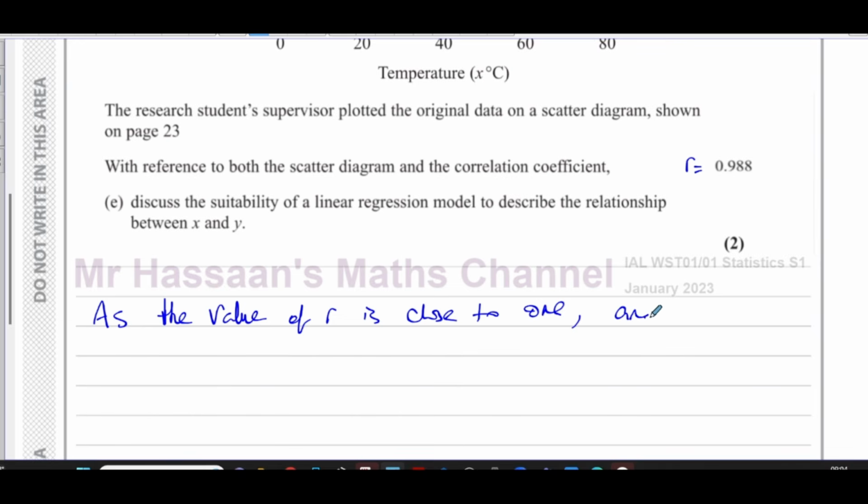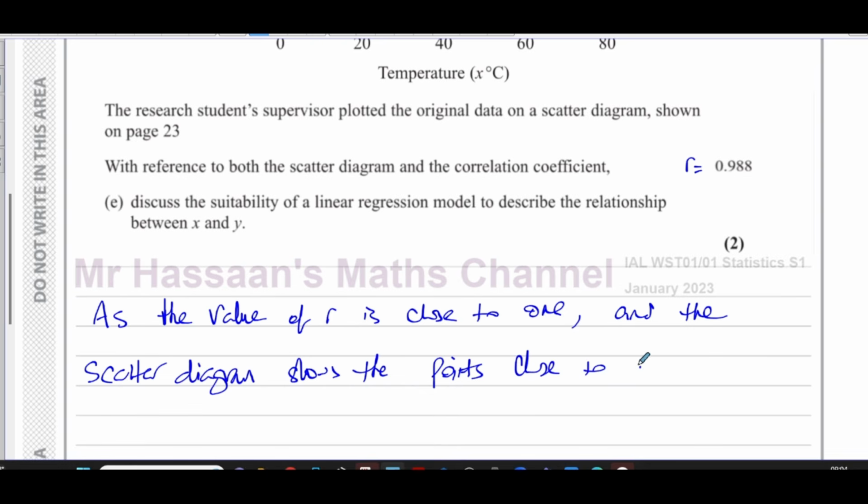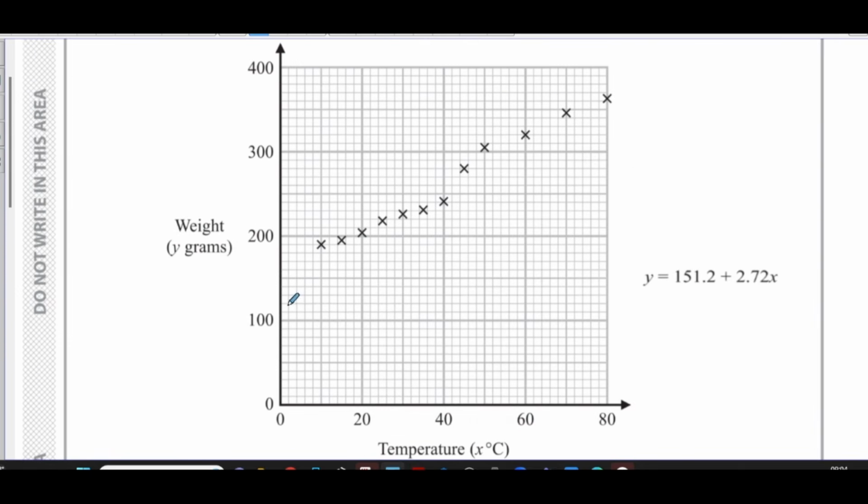and the scatter diagram shows the points close to a straight line. They're not spread out everywhere. They're quite close to a straight line.